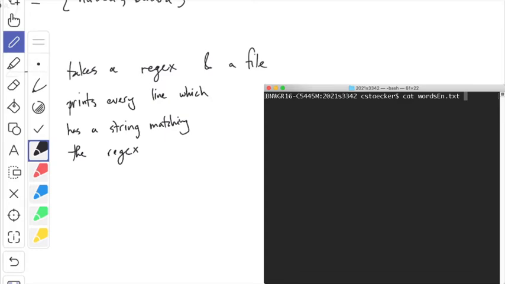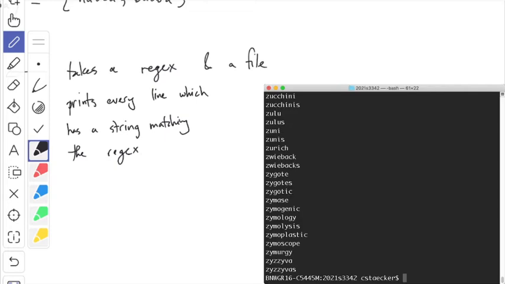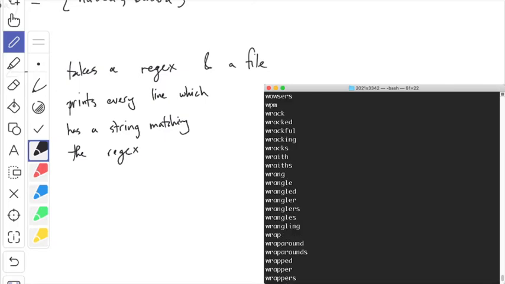Cat is a terminal program that just prints out the contents of a text file. So when I hit this, you're going to see many words. Oh, there they go. Okay, so the last one is Zizibuzz. Can you see that all the way down there? There's many words in this file.